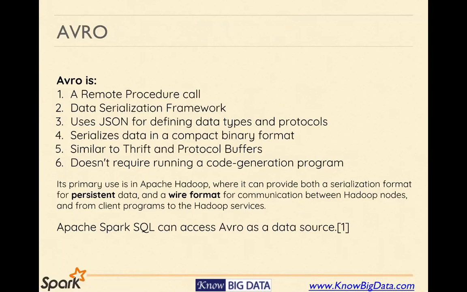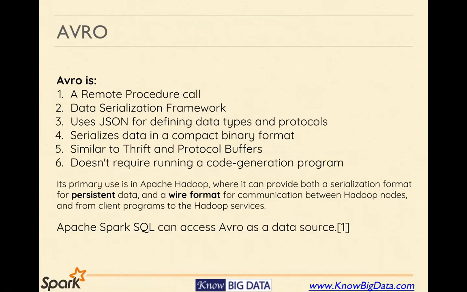It's kind of a competitor of Thrift and protocol buffers, just that instead of coming up with its own format for specifying configuration, it uses JSON. So Avro is another format used in Hadoop while saving and retrieving data.